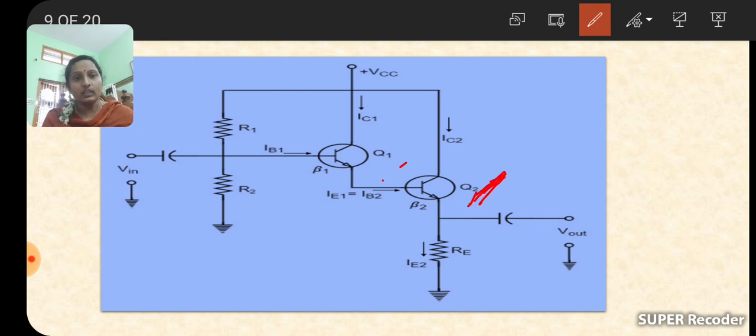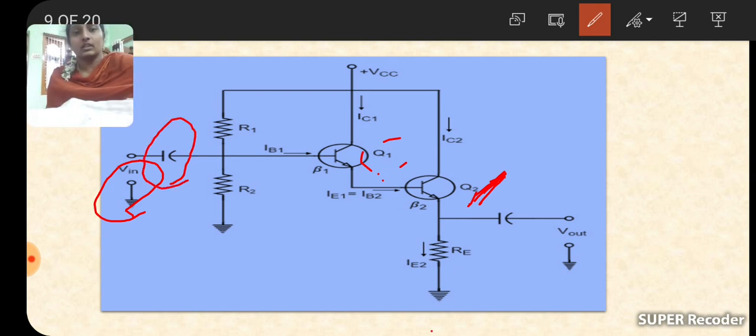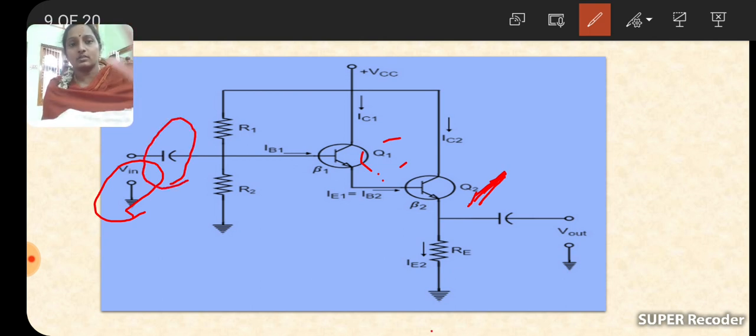Whatever the input voltage, that must be applied to the transistor Q1. This is the input voltage. It is applied to the base of Q1 through the coupling capacitor C. How can we apply the input voltage to the base of the transistor Q1? It is applied through the capacitor C.